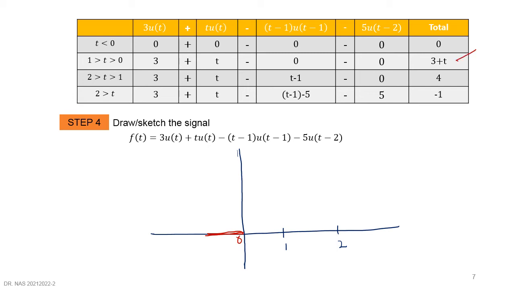For the range from 0 to 1, when t equal to 0, it is 3. When t equal to 1, it is 4. Then 1 to 2 is 4, and minus 1 when 2 onwards.